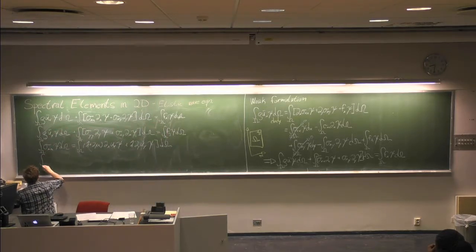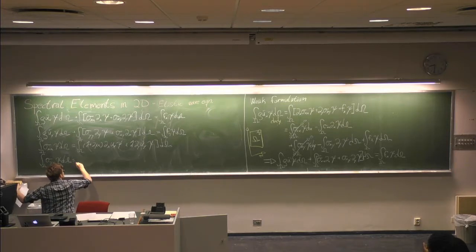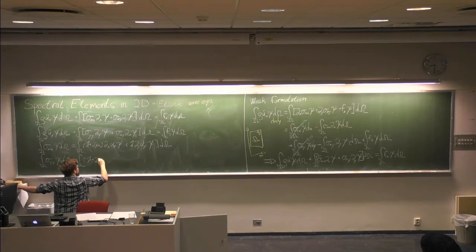And then we have 2 more. Sigma y c over space, sigma lambda plus 2 mu.